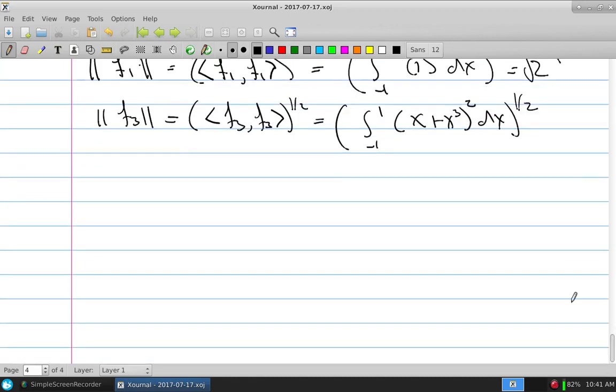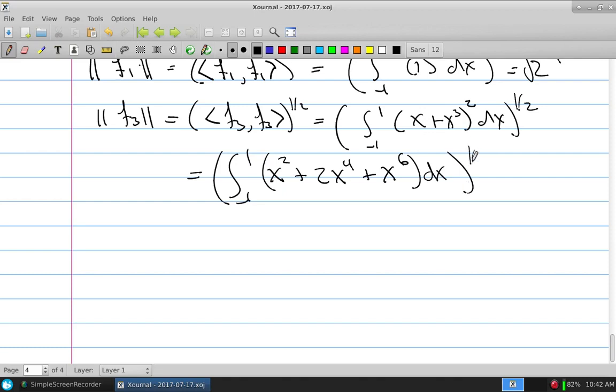This is uglier. I need to integrate from -1 to 1 of x squared plus 2x to the 4th plus x to the 6th, still to the 1/2 power.